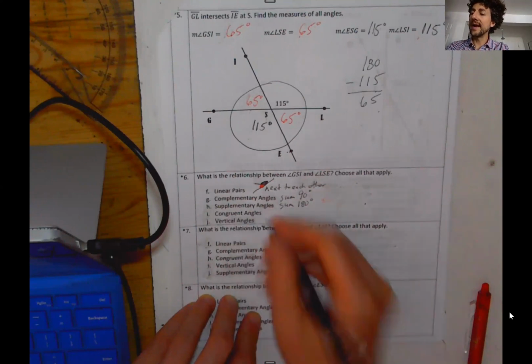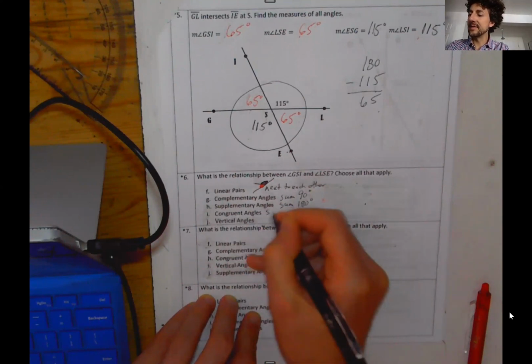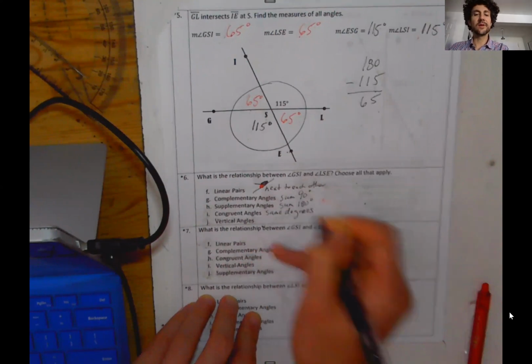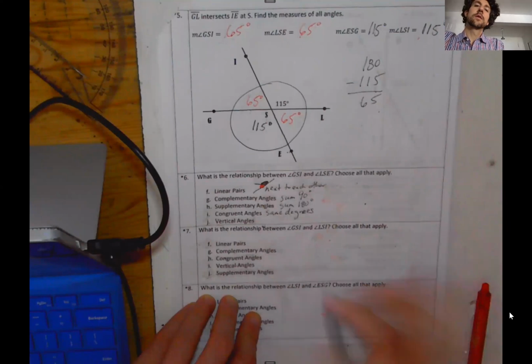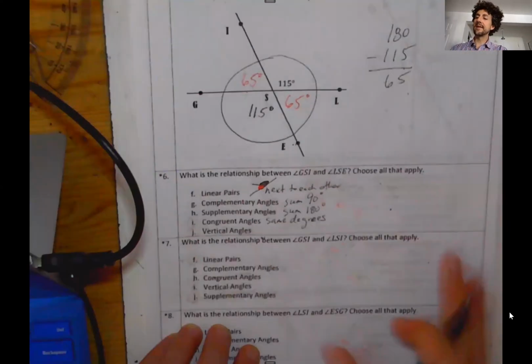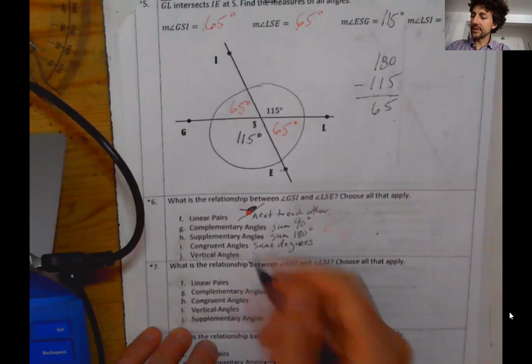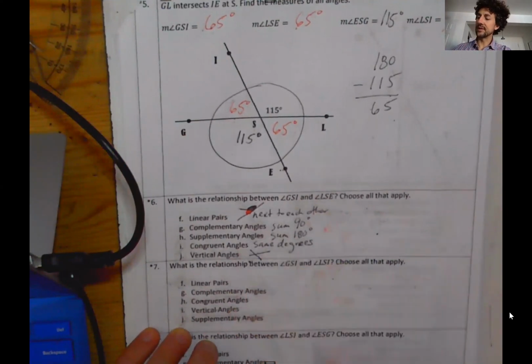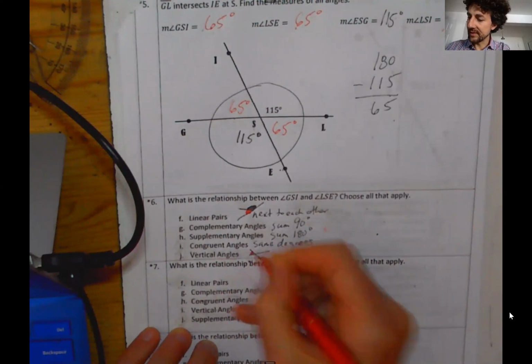Congruent angles are angles that have the same degree measure. They're equal. Then finally, vertical angles are angles that are opposite each other when we see an intersection. So for example, these angles would be vertical.